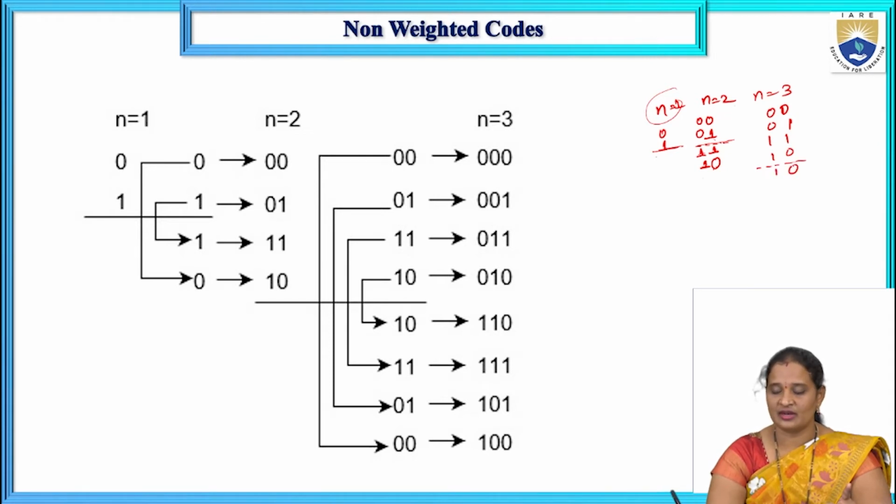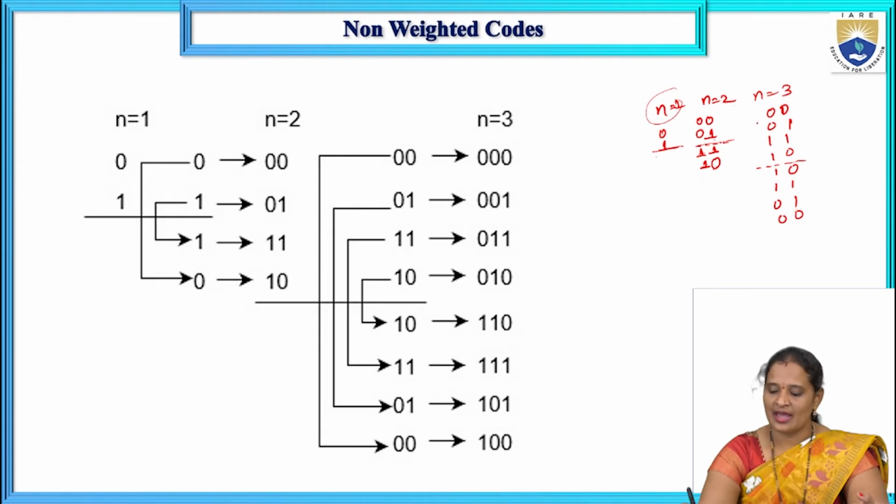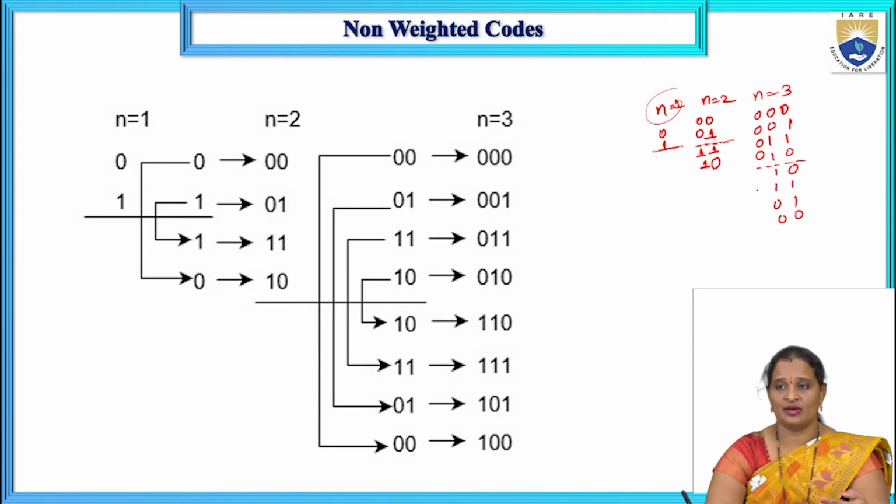If I take the mirror image, I'll get 10 first, 11 next, 01 next, 00. Now for the original previous codes, add prefix 0, and for the reflected codes add prefix 1. So these are the gray codes for n equal to 3.